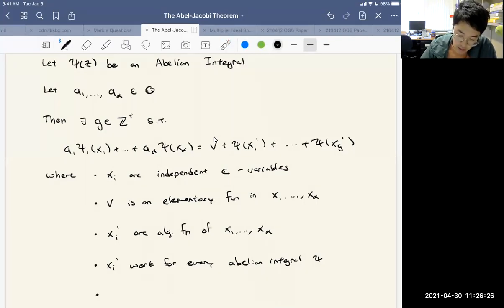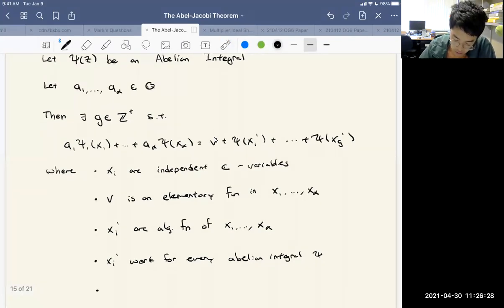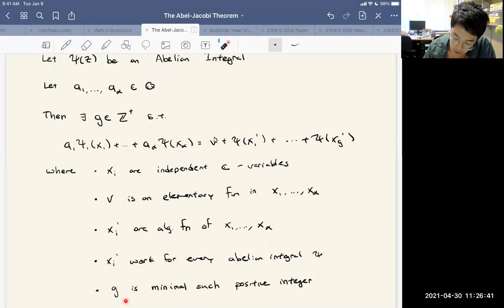And the last statement here is that g is the minimal such positive integer. So I won't say too much about what minimal means precisely, but there's no smaller number of variables on the right-hand side for which such an expression is true.